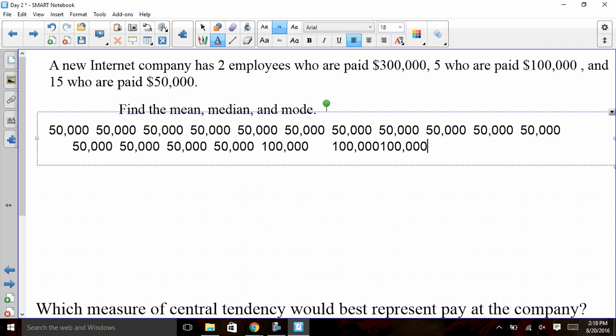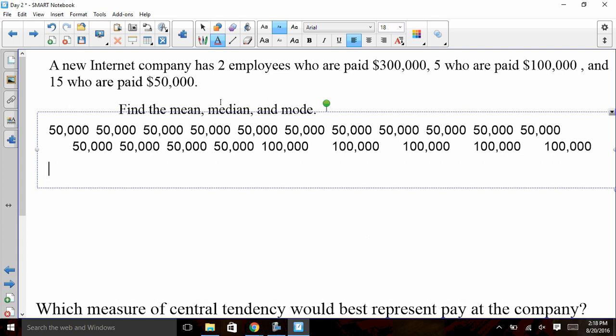One, two, three, four, five. And then I have 2 employees who are paid 300,000.